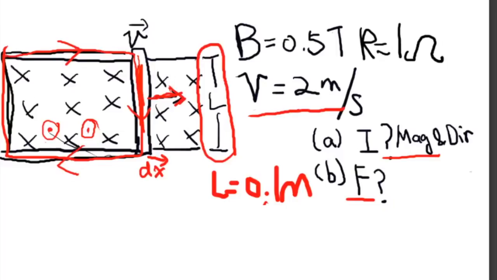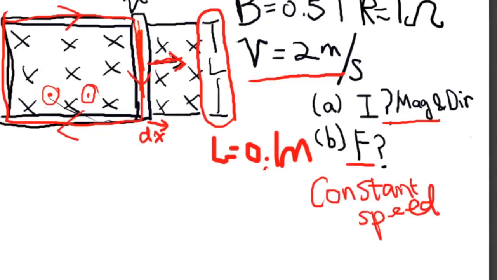What is the force applied that keeps this bar moving at constant speed? Let's think about this. In order for the bar to move at constant speed, the net force has to equal 0. So let's think about what forces there are in the system.